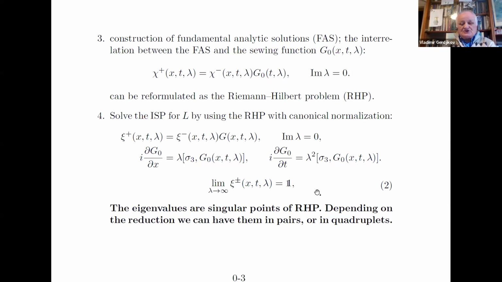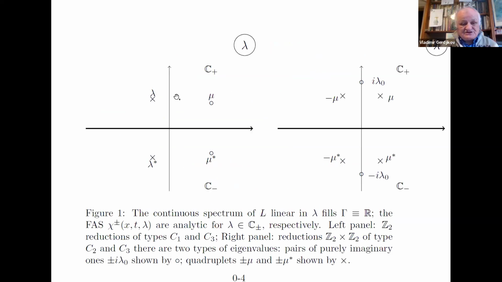Okay, so in what follows, we can have also singular points of the Riemann-Hilbert problem, and they are actually the eigenvalues of the Lax, or discrete eigenvalues of the Lax operator. And depending on what kind of reductions we have imposed on the Lax pair, we can have them in pairs or in quadruplets. Here is the situation.